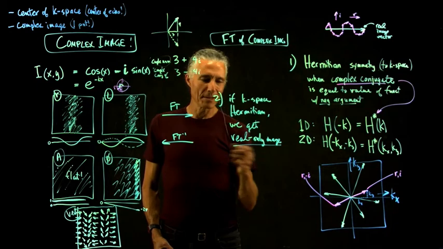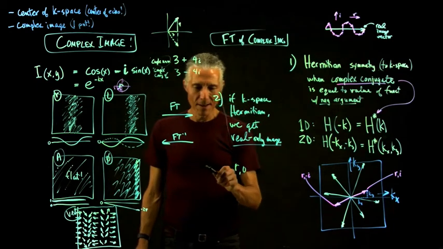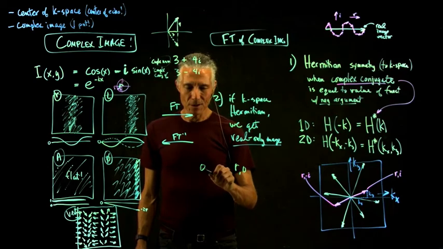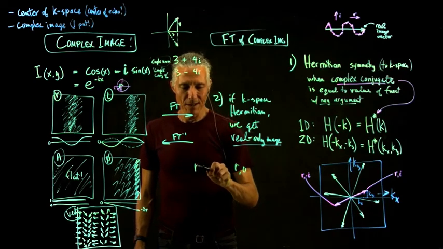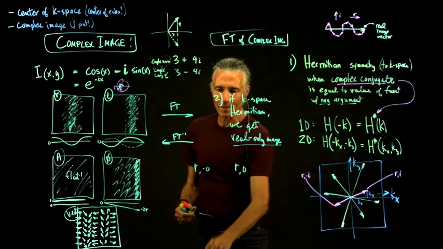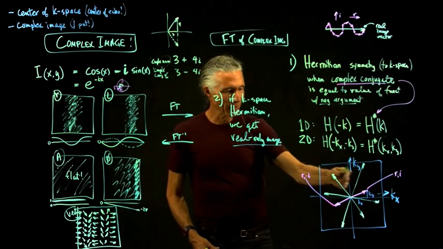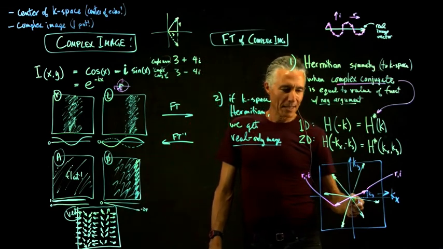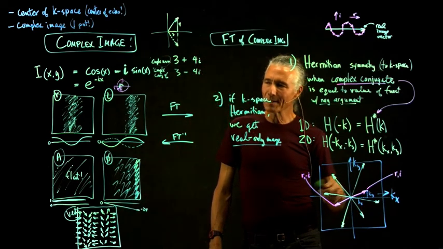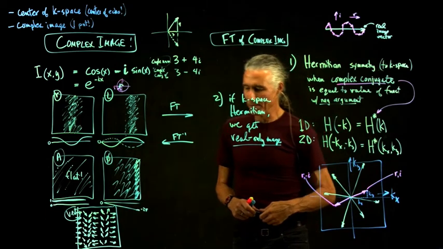We ended up with real and 0, and then over here we just had 0, whereas it should have been real and negative 0. So that's the bottom line. If we have this kind of structure to k-space, then we're guaranteed that the imaginary parts of the image will all cancel out, and we'll end up with just a real image, which is what we really want.